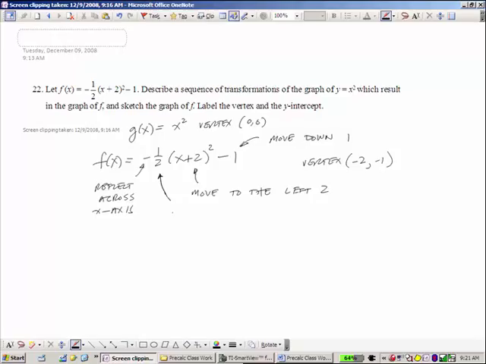Good. That's great. So it's going to be vertically. And Mo, do you want to follow up? Is the 1/2 going to stretch it out, making it taller, or compress it, making it shorter? It's going to compress it because it's for the y value. So Jennifer and Mo put together an argument that this is going to be a compression of 1/2. It's going to make everything 1/2 as tall. All right. Should we try it?